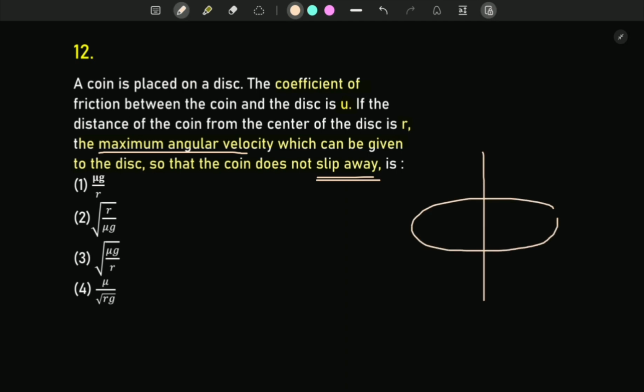So let us draw this. This is our disc moving along this axis with omega, and let us draw the coin over here. This is the coin, and its distance from the center is r.